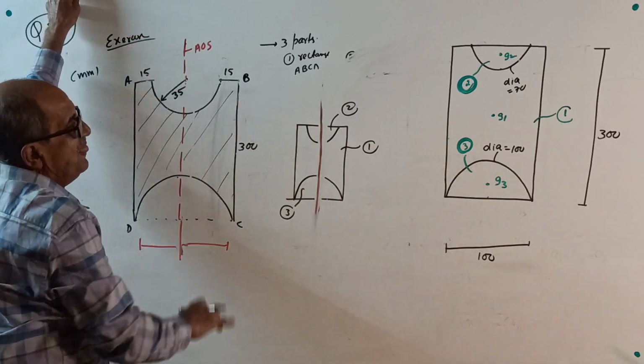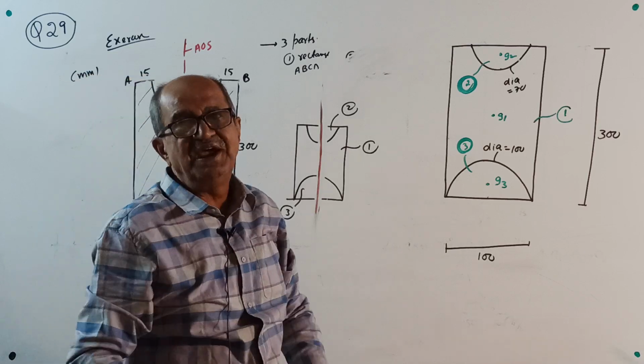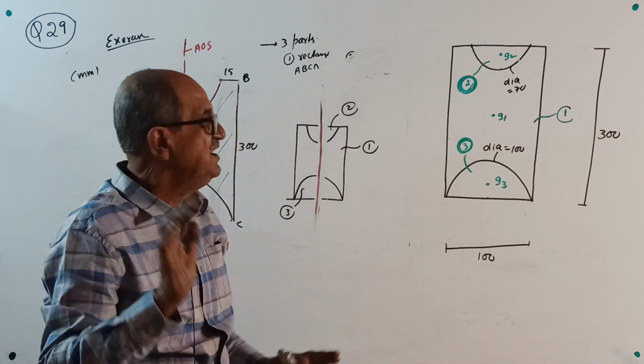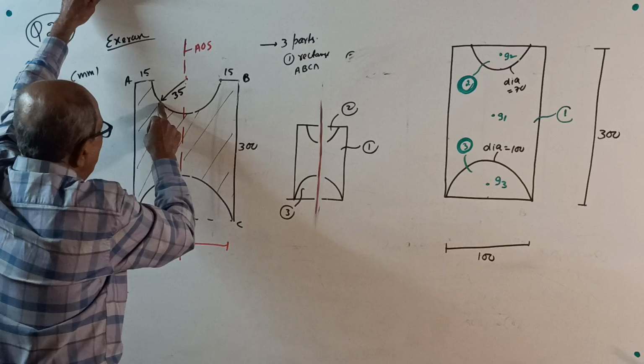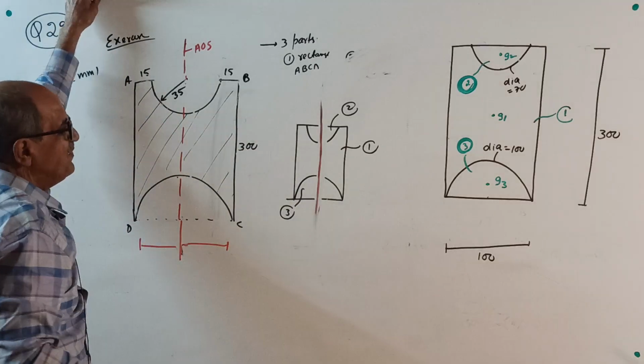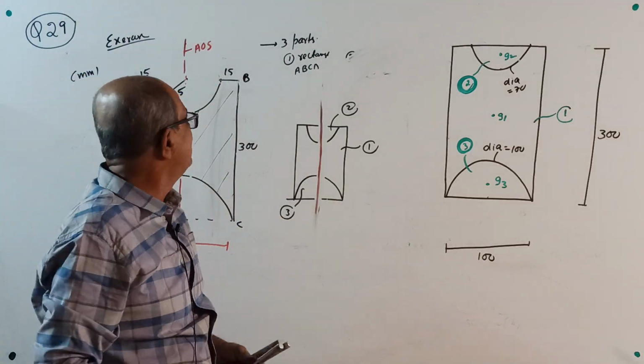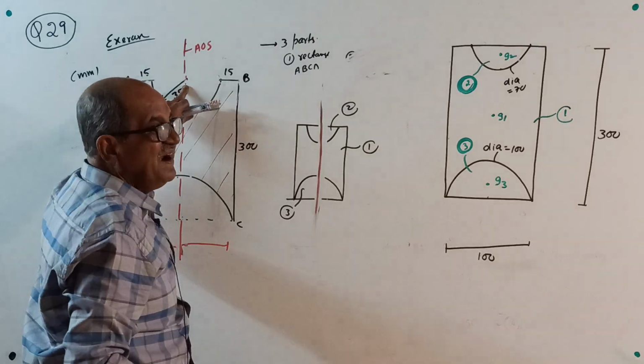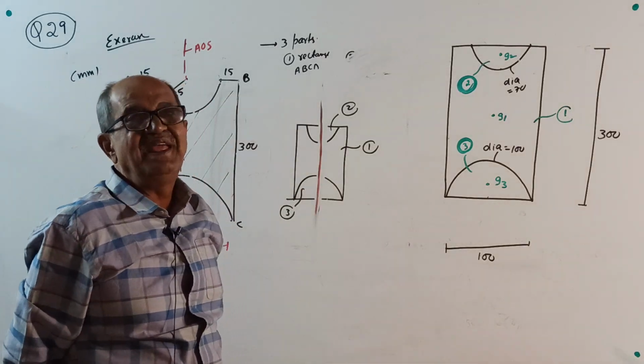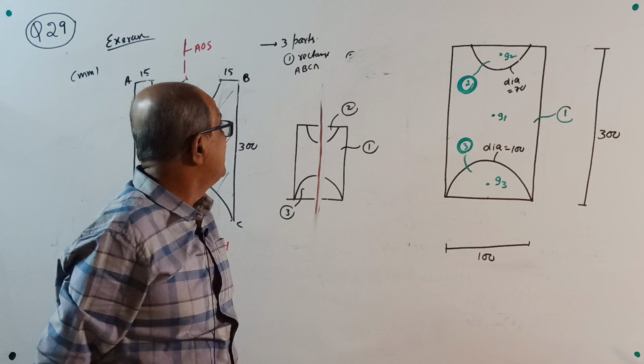Now taken care. Otherwise I have to solve once again. Change the question. You take this as 35 and that's all. I first thought I'm giving diameter only 70, actually I marked radius 70.